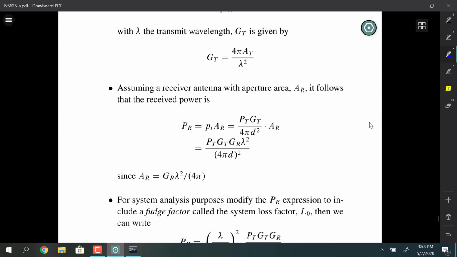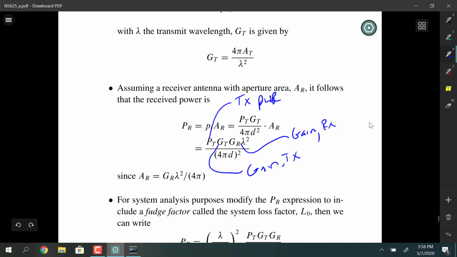The transmit power, gain of Tx, gain of Rx, and these gains are going to be relative to an isotropic. An isotropic has no gain because it radiates equally in all directions and receives equally in all directions.